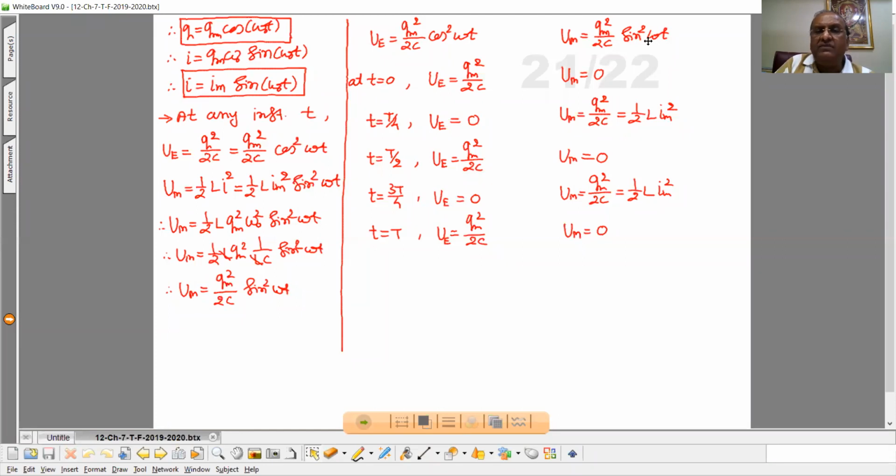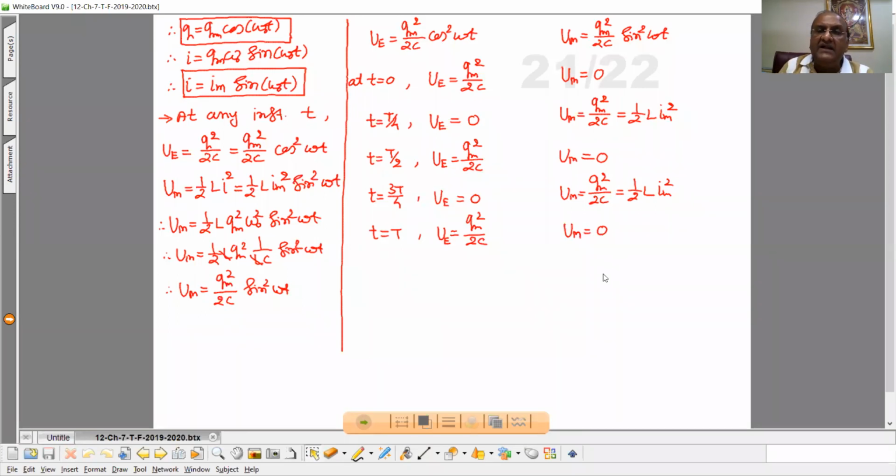This sine square will also be 1 by 2. So in that particular case, the total energy will be half in the form of electric energy, half in the form of magnetic energy. So in this way, the oscillations will be obtained.